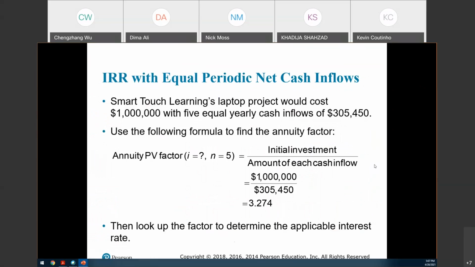Or in other words, 16% is the discount rate that makes the investment cost equal to the present value of the investment's net cash inflows. Well, this is the case with equal periodic net cash inflows.